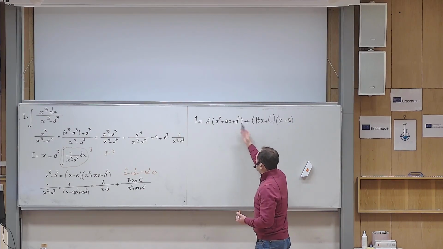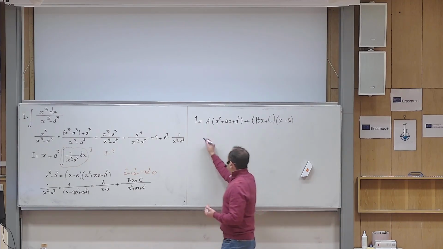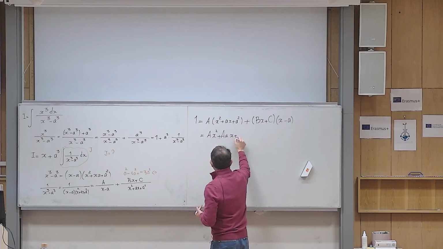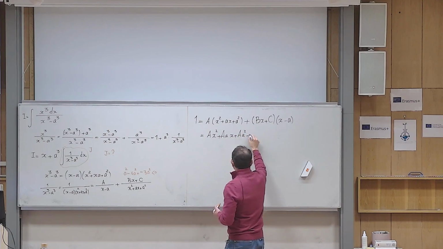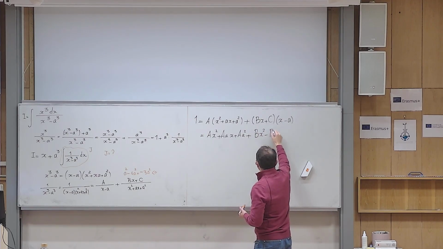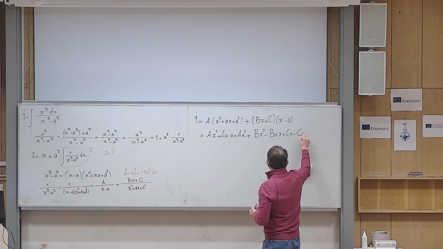Now I have to open up these and write them in a standard form. Let me multiply this: capital A x squared plus capital A little a x plus capital A little a squared, and then I multiply here, so it becomes Bx squared minus Bax plus Cx minus Ca.